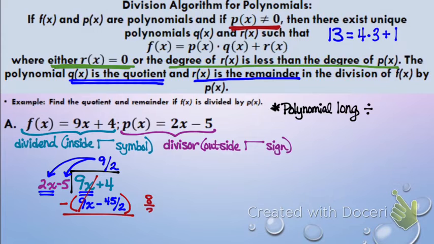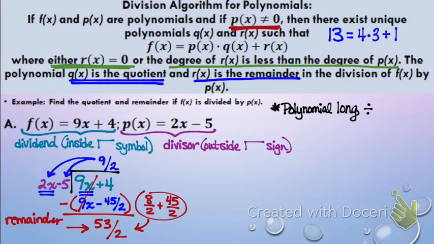So I have 8 over 2 plus 45 over 2, 53 over 2. This is my remainder. So this is r of x.